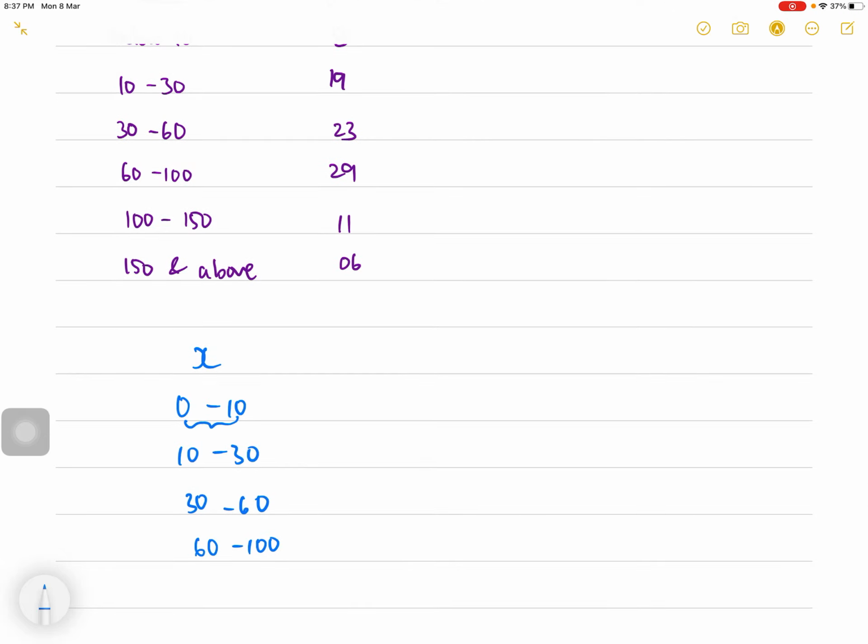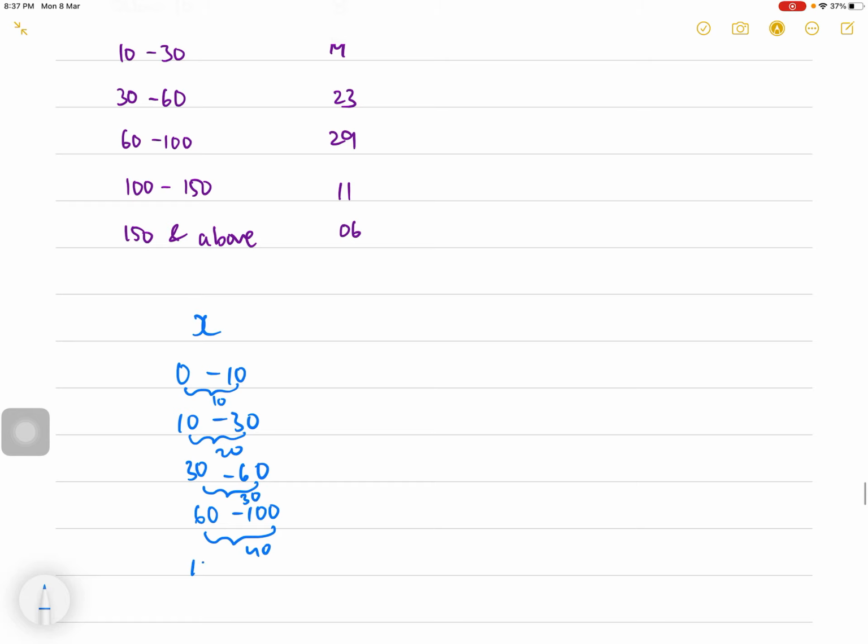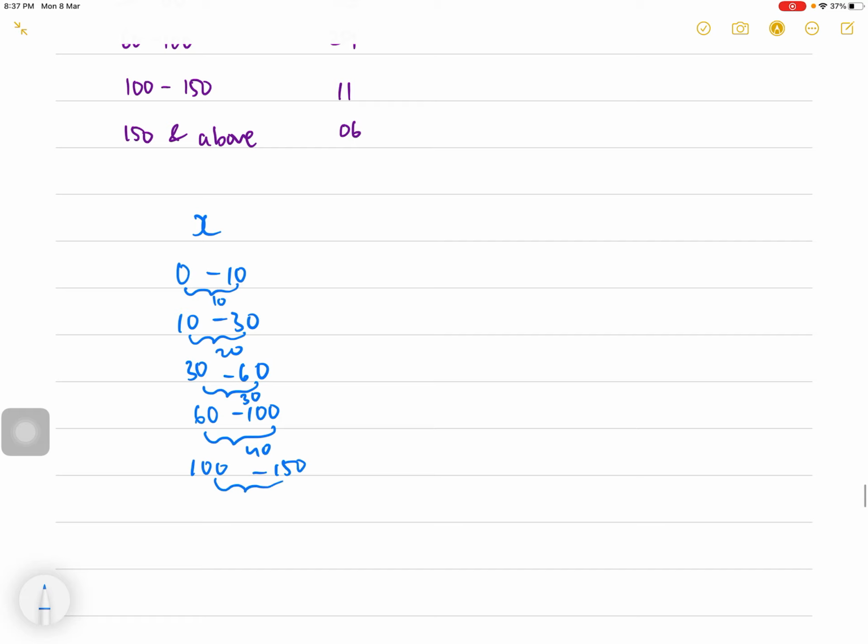If you see the pattern, the difference is 10, 20, 30, 40, and next is 100 to 150. So this is 50, and next is 150 and above.